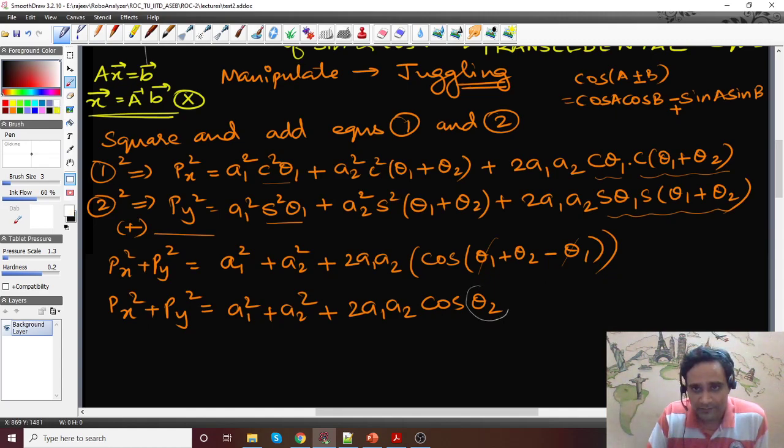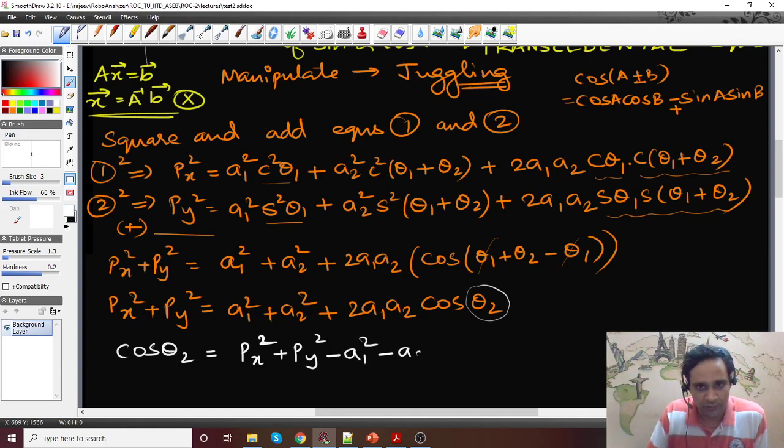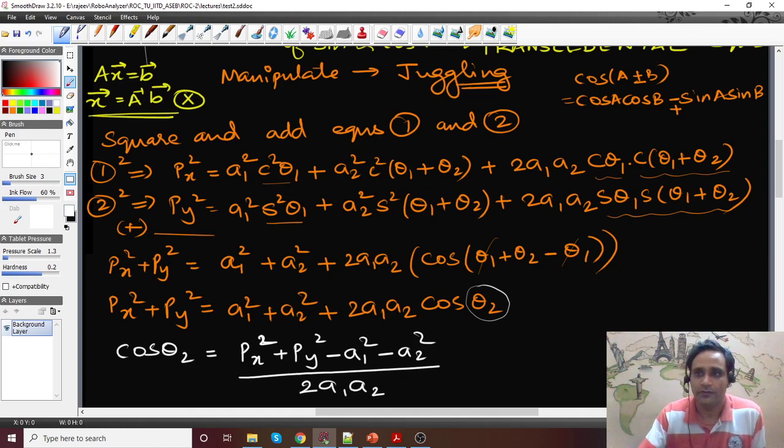Unknown is only this term, everything else is given to us, right? So we can definitely write cos theta 2 as px square plus py square minus a1 square minus a2 square, shifting these to the left side, divided by 2a1 a2.